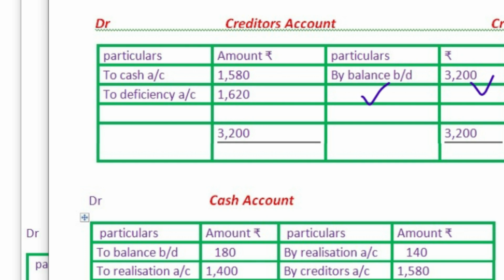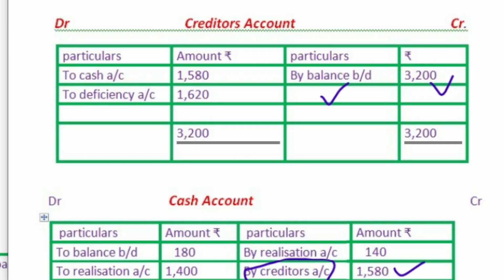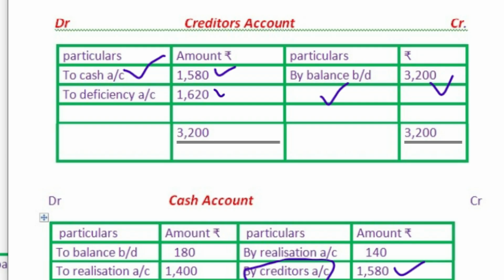At this cash account, creditors amount 1580, and this will appear on the debit side of the creditors account, 1580 to cash account. And the deficiency, the amount the partnership firm fails to pay, is 1620 rupees, and it should be transferred to the deficiency account.